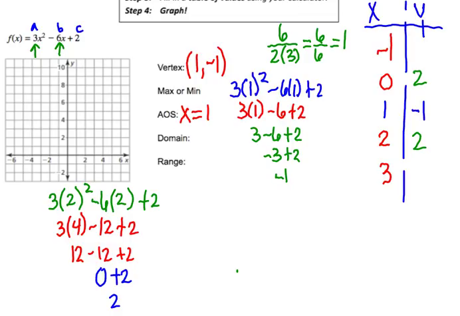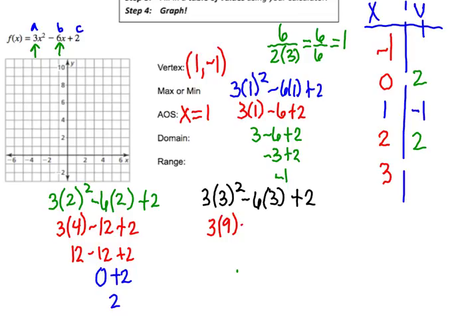So now we just have one more left. If we plug in a 3 into our equation, we'll have 3 times 3 squared minus 6 times 3 plus 2. Now we're just going to crunch out our numbers. 3 squared is just 9, so I'm left with 3 times 9.